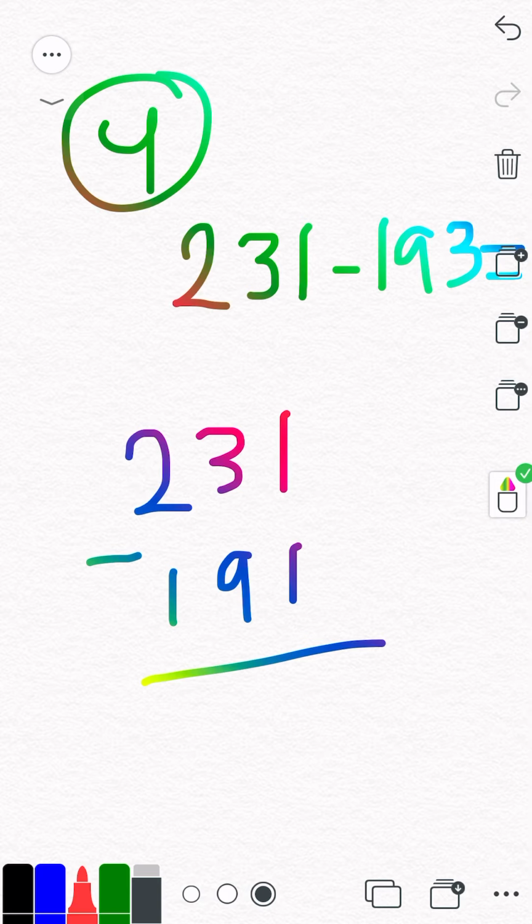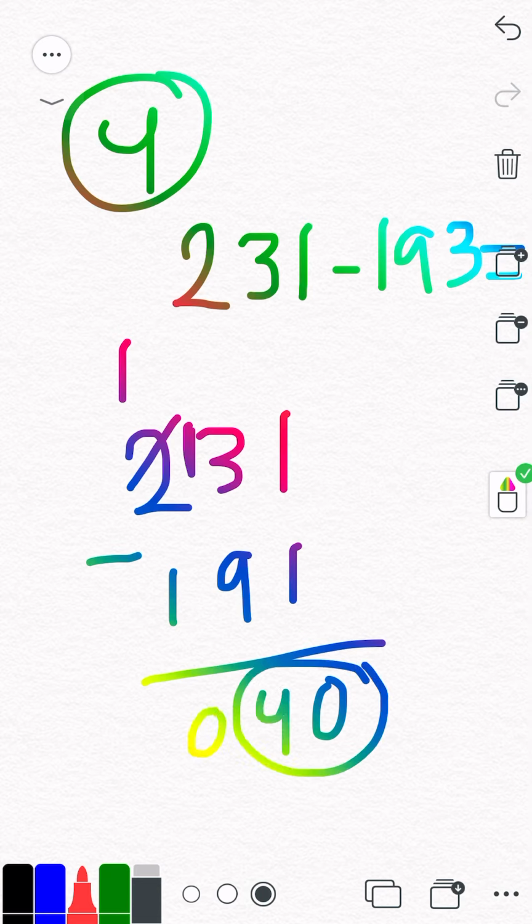Now 1 minus 1 equals 0. 3 minus 9, 3 is smaller than 9. We can't subtract 9 from 3. So we borrow from the number next to it, take 1, make it a 10, and 2 minus 1 equals 1. Now 13 minus 9 equals 4. 1 minus 1 equals 0, and this is the answer.